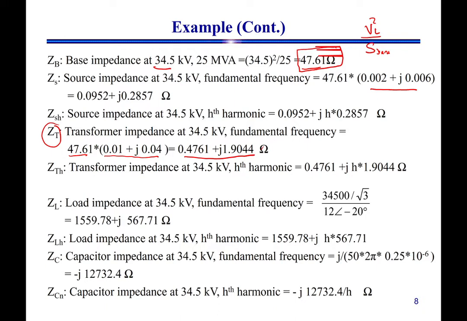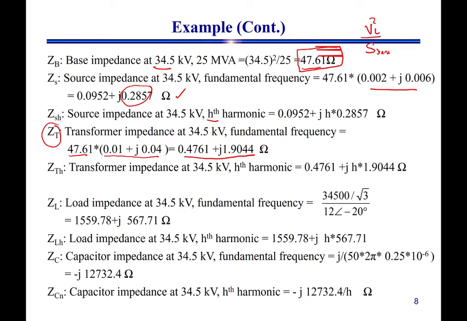Okay, and that will be this value. If we would like to find the source impedance at any harmonic, of course R will be the same, and since here we have XL, we need to multiply it by H. Same thing for the transformer: R plus XL multiplied by H.